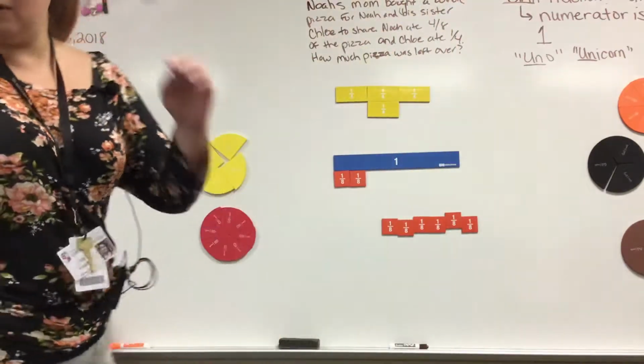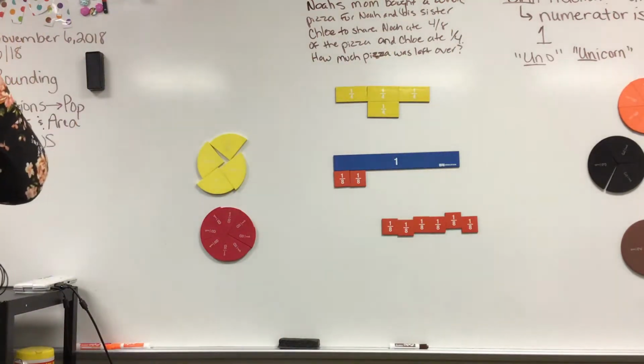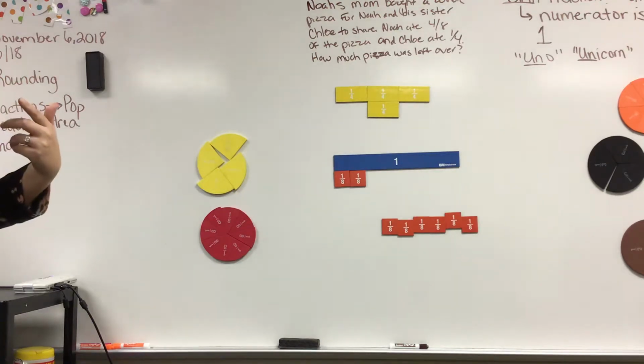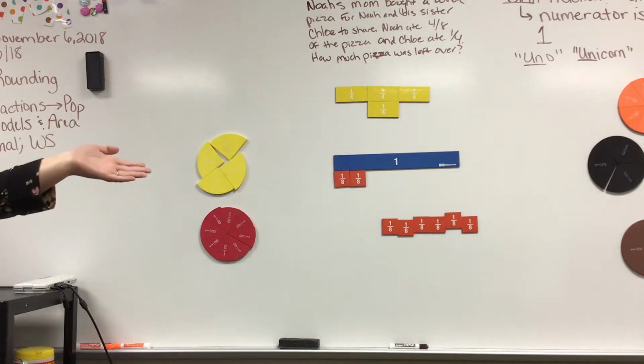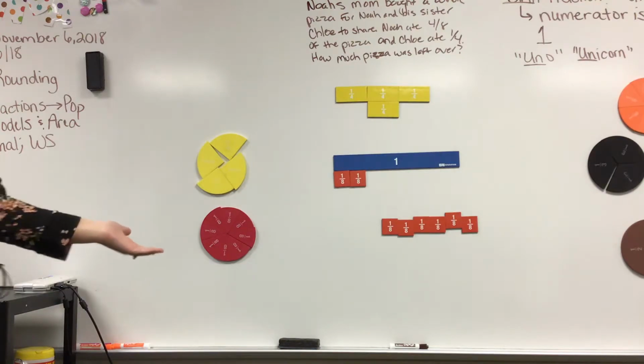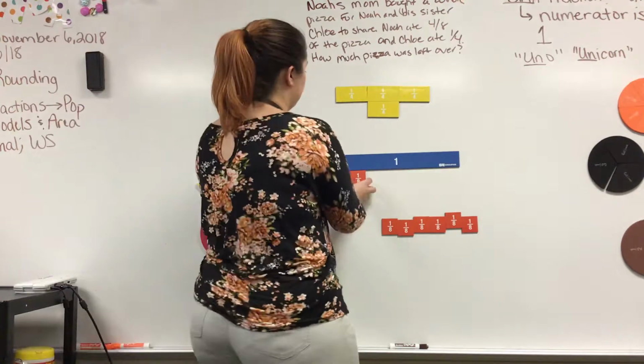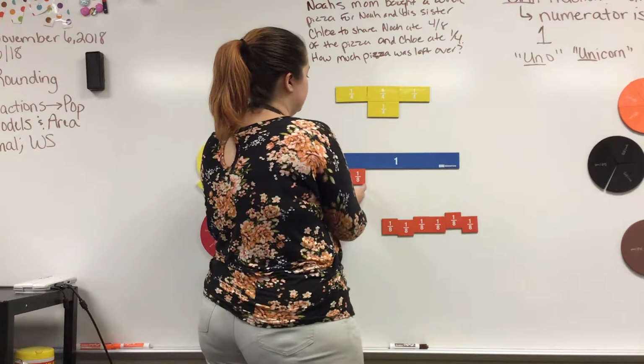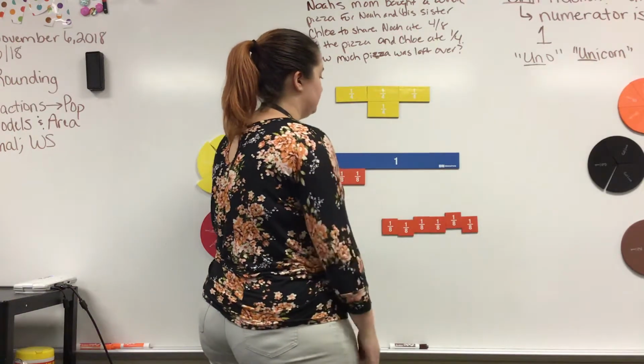Okay. Now the last thing that we can do here is simplify. To simplify a fraction, we have 2/8, and we need to find the smallest possible denominator.